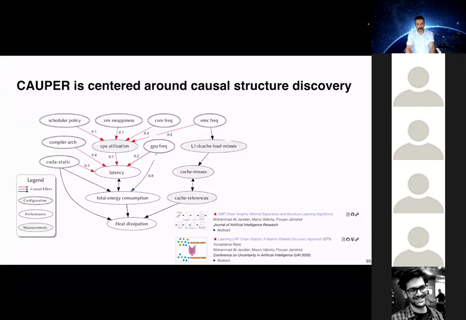Then there are certain rules called edge orientation rules, which assign directionality to the edges, like the ones shown here. And the amount of data that's available determines what the direction of the edges are. After that, it's a rough estimate of the causal graph.